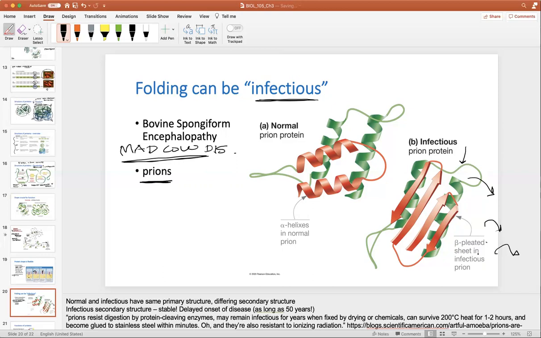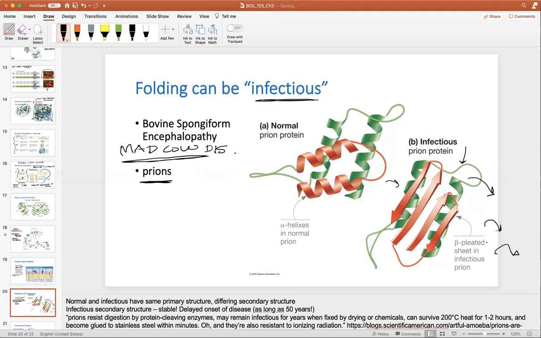So here's what happens. In the brains of some cows, they found some of these infected proteins, right? And as these proteins encounter other proteins in the brain, they cause these other proteins to become malformed, and it resulted in holes in the brain tissue of these cows, right? So spongiform encephalopathy.